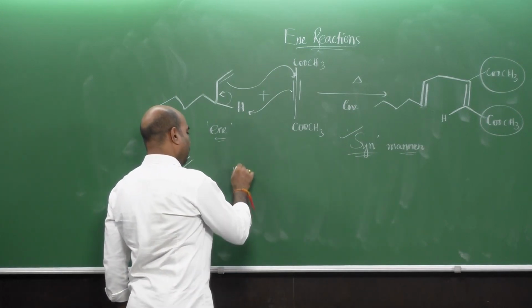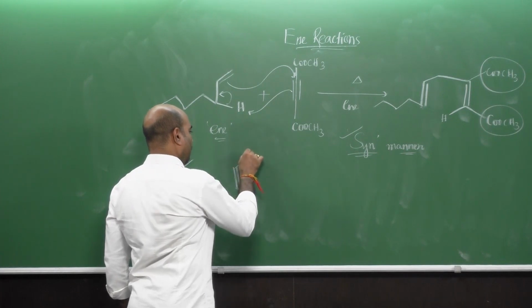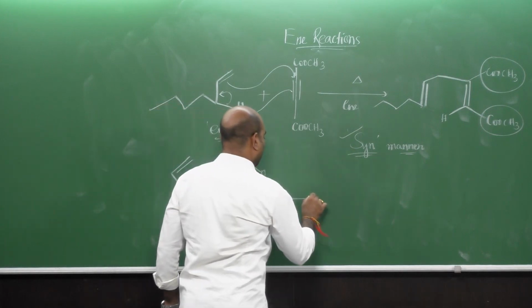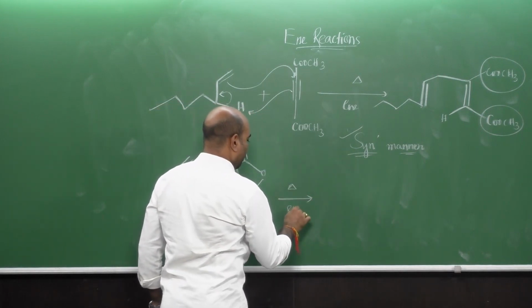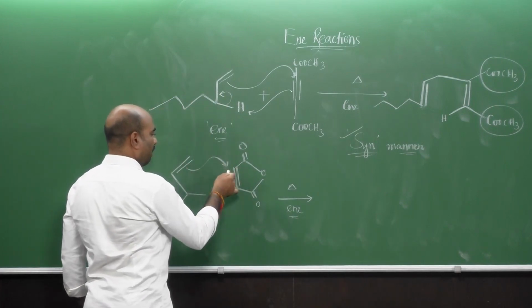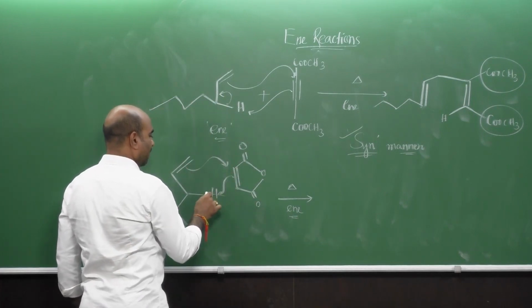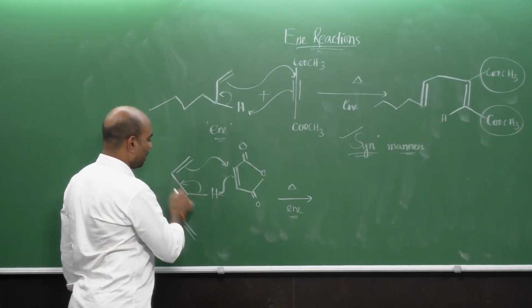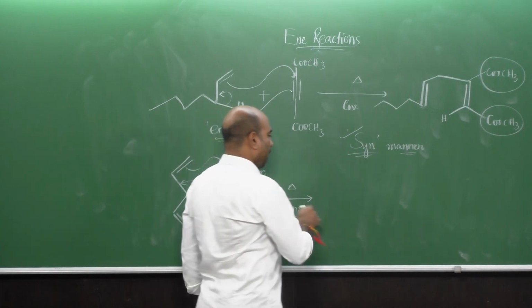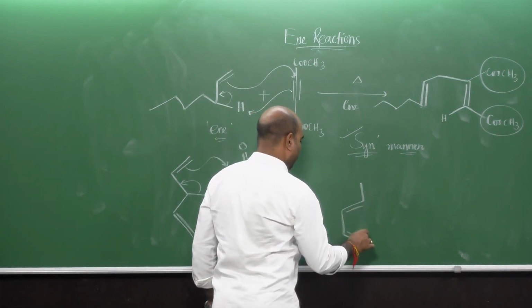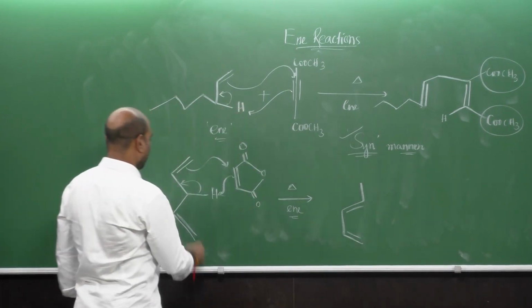This ene component on reaction with an enophile like this will undergo a thermal ene reaction, right. So, this is forming a sigma bond and this is taking the hydrogen, and this allylic hydrogen sigma bond is converted into a pi bond, as a result of which you will be able to see this one, right.